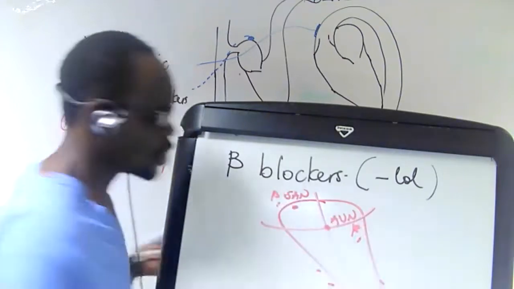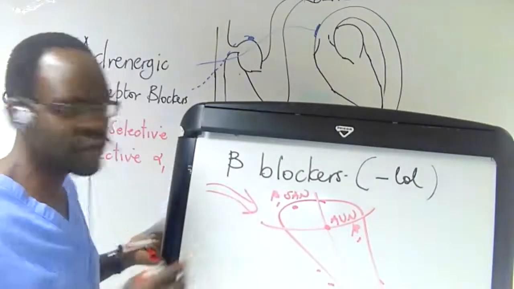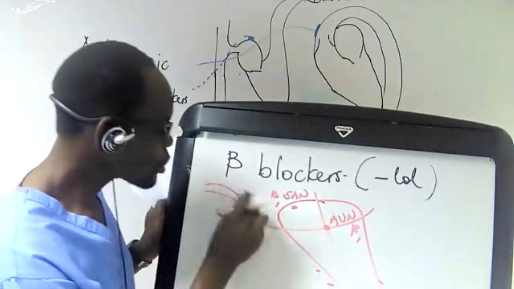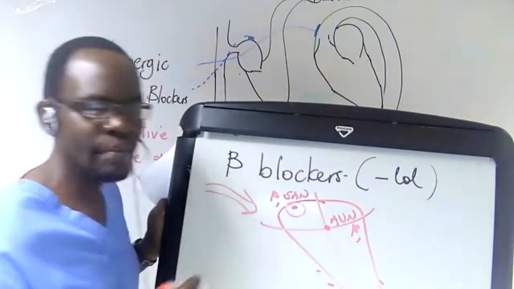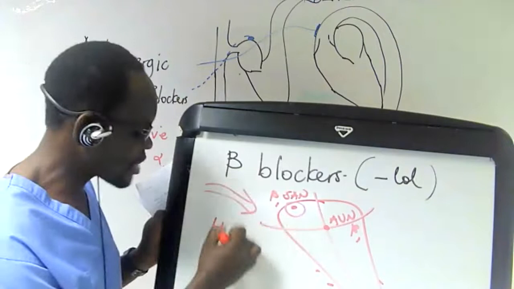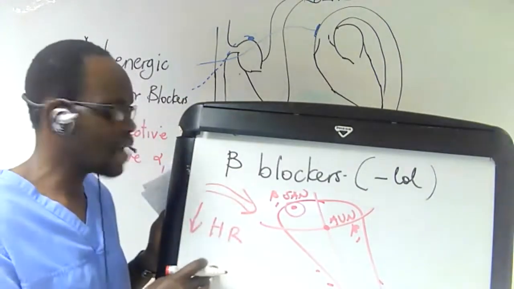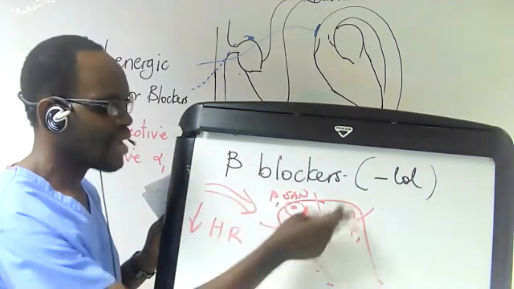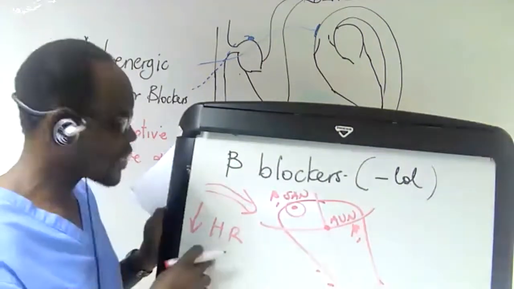So you have them located almost throughout the heart. If you give a beta blocker, it will reduce the firing by the SAN, and therefore the heart rate will decrease, because of reduction of the firing by the SAN and also conduction through the AVN.